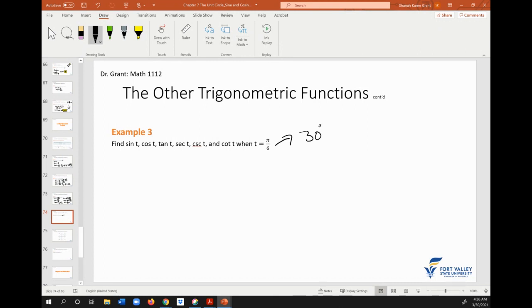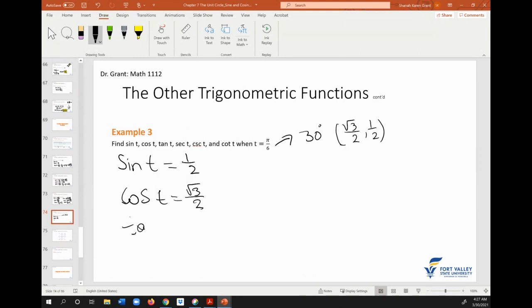And for pi over 6, your coordinate is root 3 over 2, 1/2, right? So that means sine of t is going to be 1/2. Cosine of t is going to be √3/2.